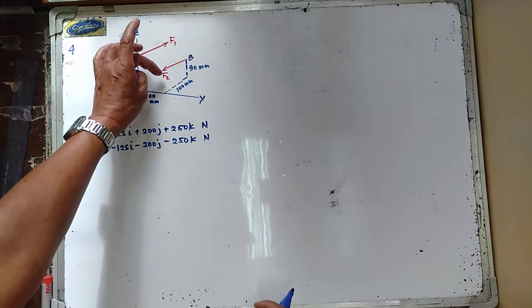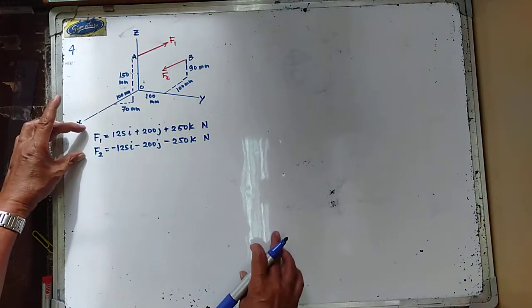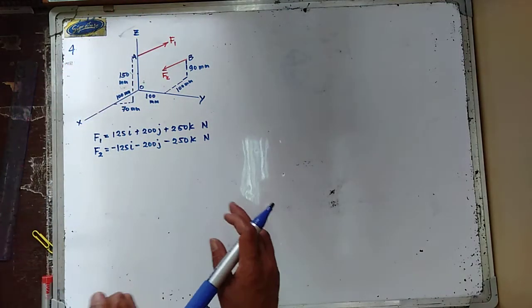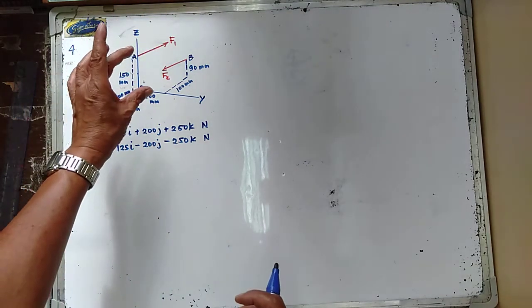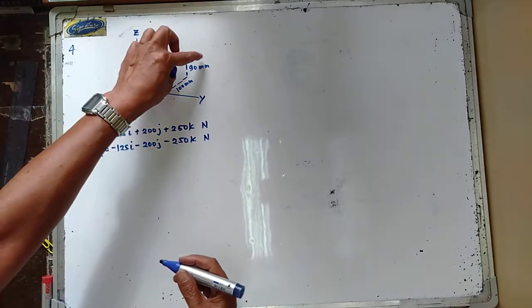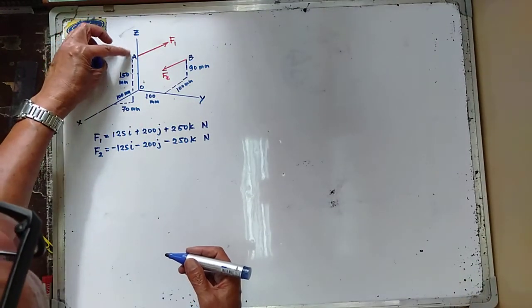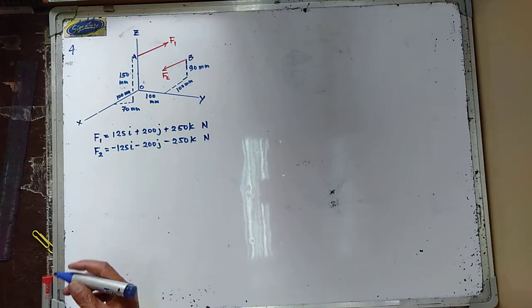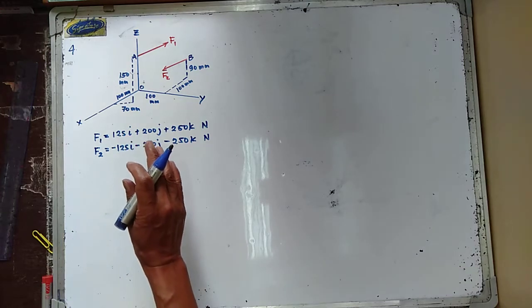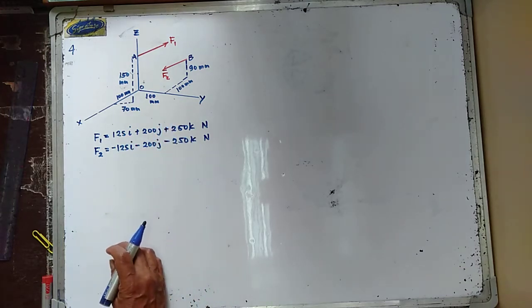Hence, F1 and F2 have the same magnitude, opposite in direction, and parallel in action. Therefore, this is a couple, acting at points A and B of a body as shown in the figure. Determine the moment of the couple and the perpendicular distance between the two forces.